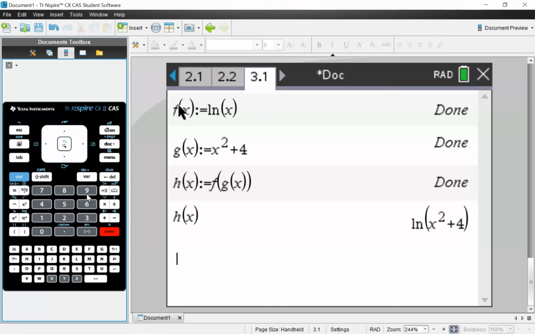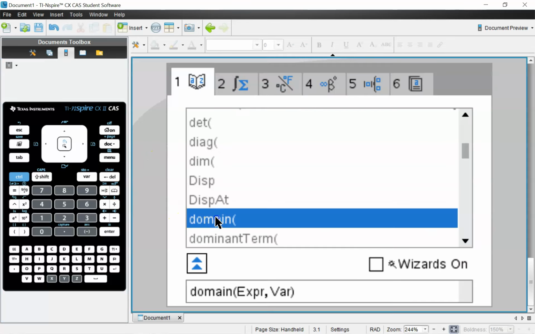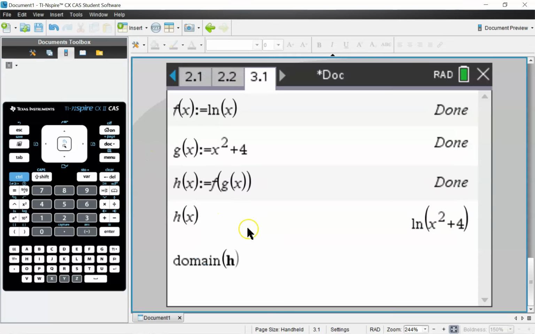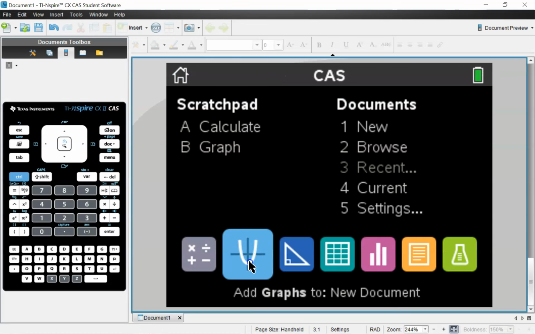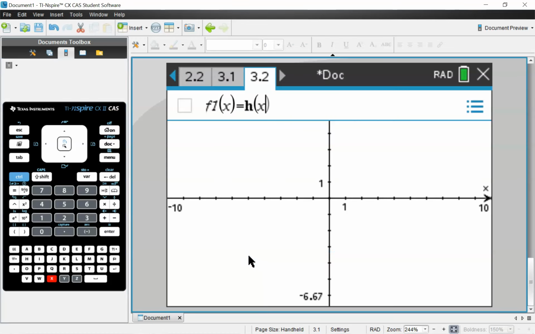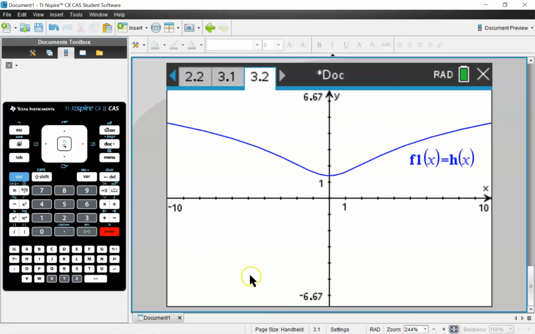And then let's see what the domain is going to be. So here, the domain of h of x, comma x. So that was all real, so that's good. So let's sketch this function, see what it looks like. So we've got h of x, looks like this. So again here, this is going to be the minimum here.